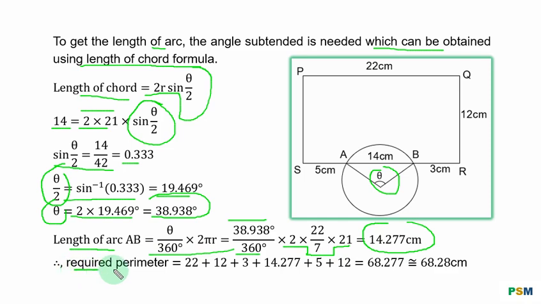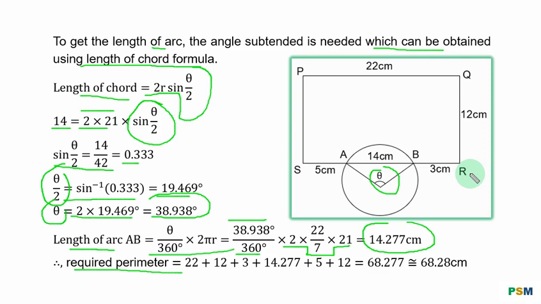Therefore, the required perimeter is equal to PQ 22 plus Q arrow 12 plus arrow B 3 plus length of arc AB 14.277 plus AS 5 plus SP, that is equal to Q arrow 12.